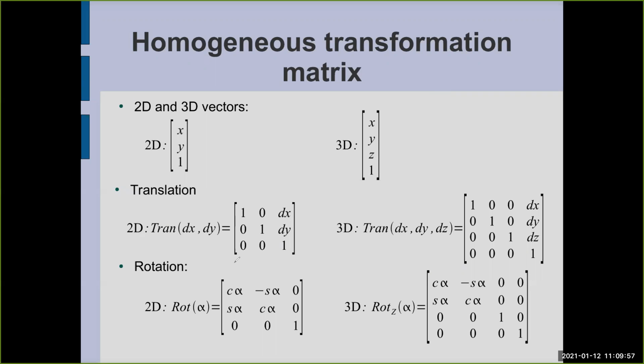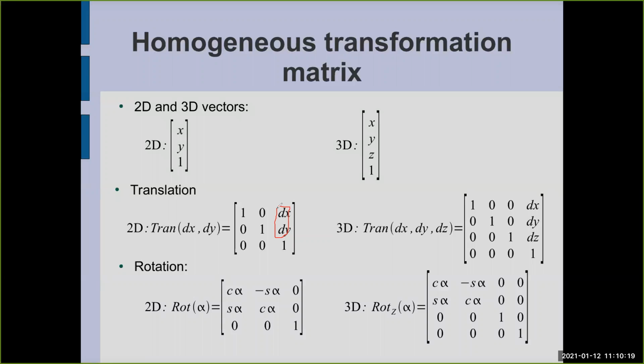In this case, the translation matrix looks like this. I have the I matrix here, but these terms are dx and dy, so they correspond to the translation of the vector.